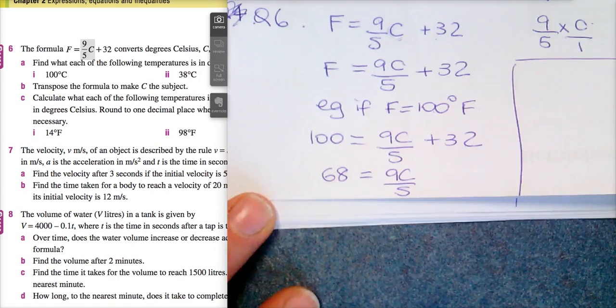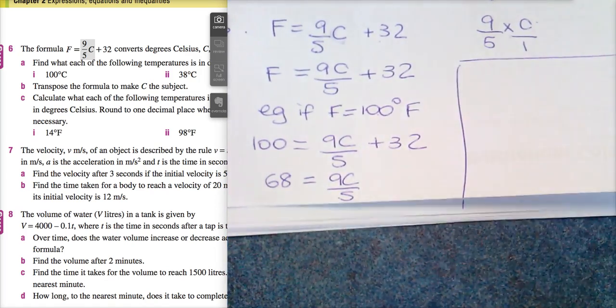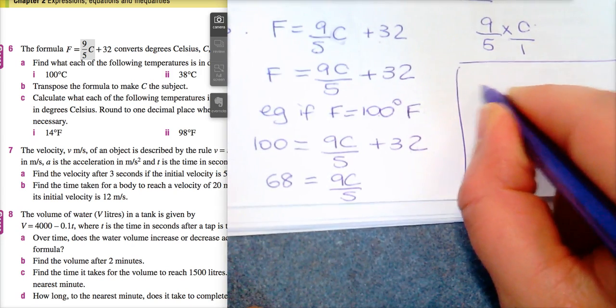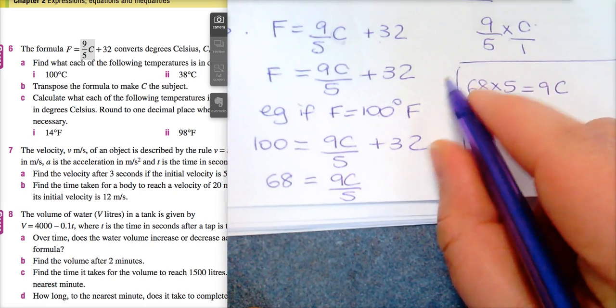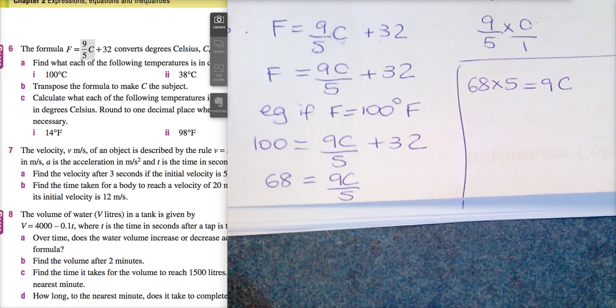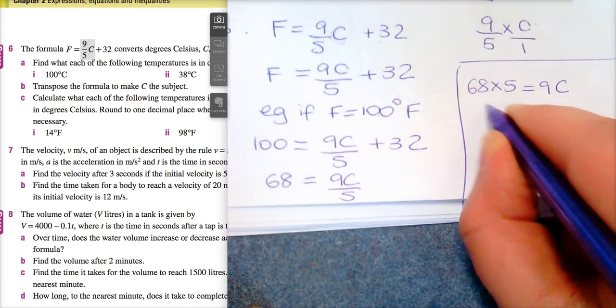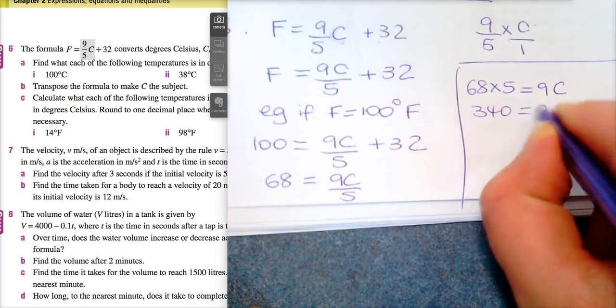What do I do next? 9C divided by 5. What do I do? 68 times 5 is 9C. What's 68 times 5? 340. 340 equals 9C.